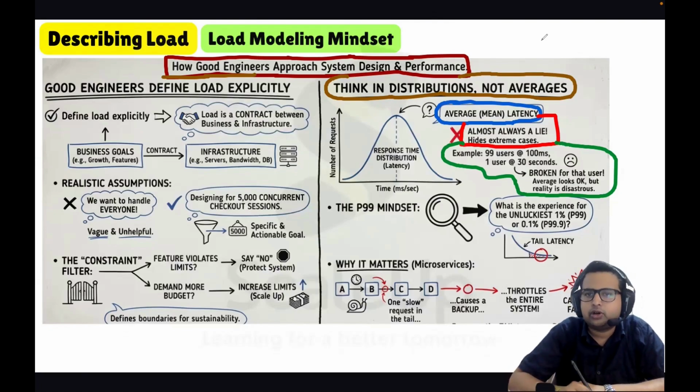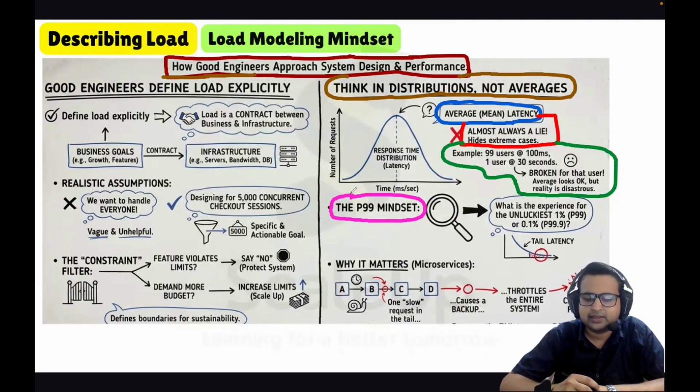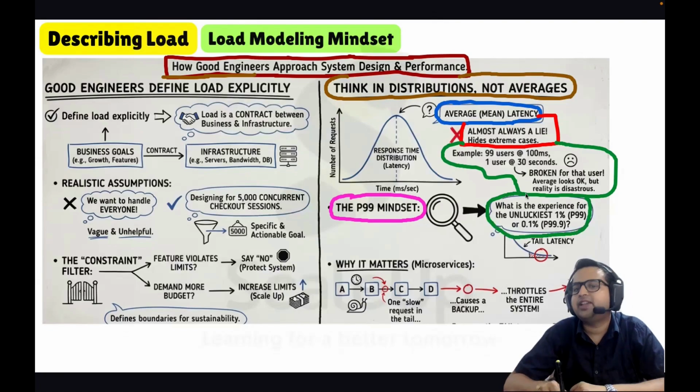We should always consider the P99 mindset. Good engineers look at percentiles. They ask, what is the experience for the unluckiest 1% of our users? The P99 mindset means looking into the experiences of the 1% of users for whom the system broke. We are not bothered about the 99% of users who got a perfect response.